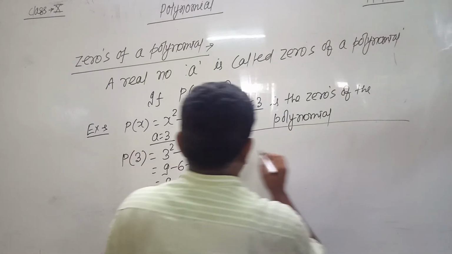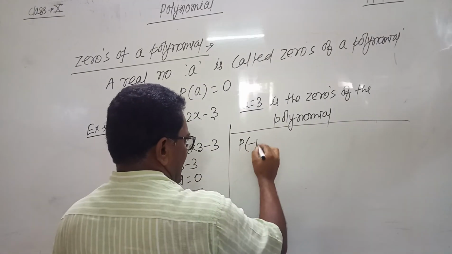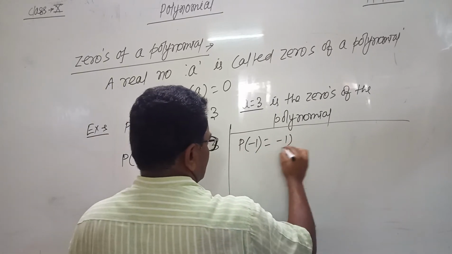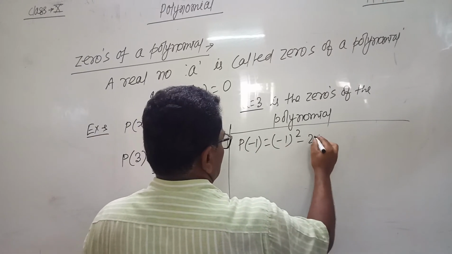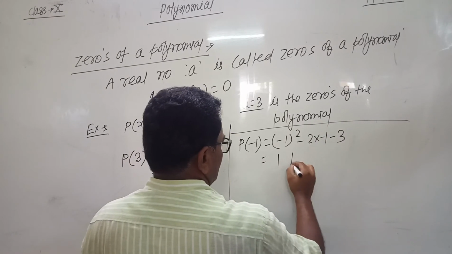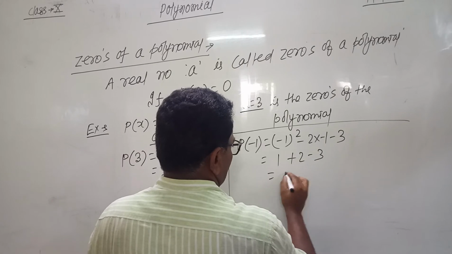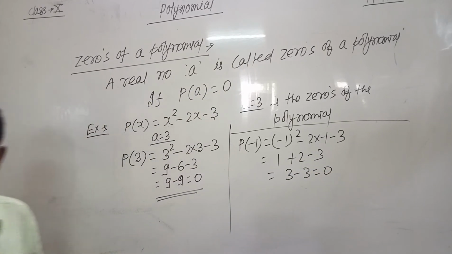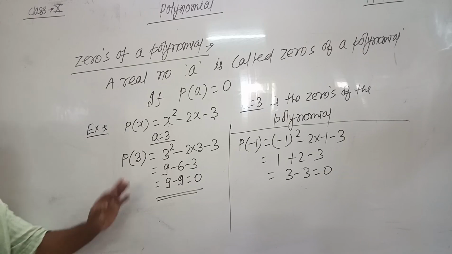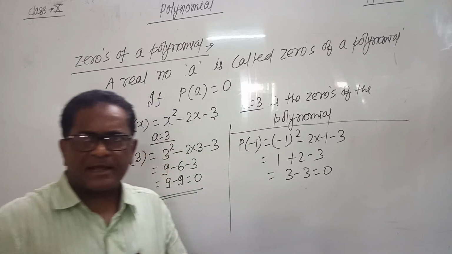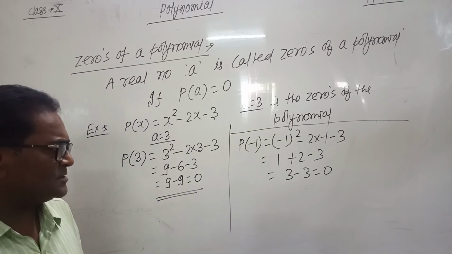Another example: suppose you have to find P of minus 1. So minus 1 the whole square minus 2 into minus 1 minus 3 gives 1 plus 2 minus 3, so 3 minus 3 equals 0. After putting a equals minus 1 in the polynomial, we get the result 0.